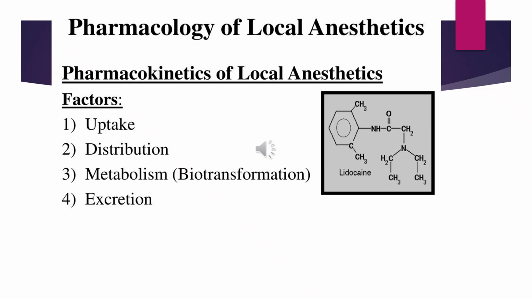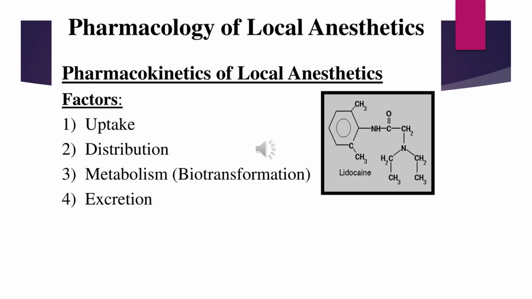Now we have pharmacokinetics of local anesthetics. As we know, any drug's effectiveness increases when it is absorbed in the circulatory system, which is reverse in the case of local anesthesia. Its effectiveness decreases if it is absorbed in the circulation. What do you mean by the word pharmacokinetic?